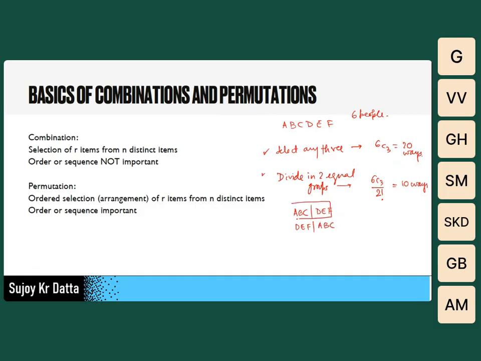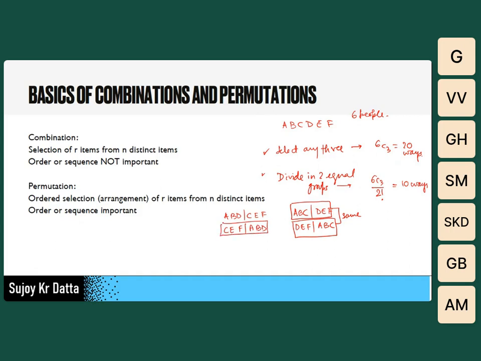So this way of splitting in two parts and this way of splitting in two parts are actually the same, but we are counting it twice. And that will happen every time. For example, you select ABD and CEF, but you could have also said CEF first and ABD.